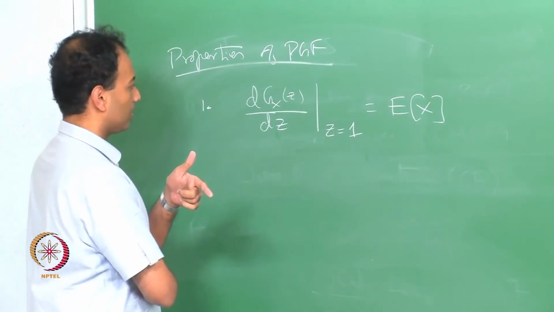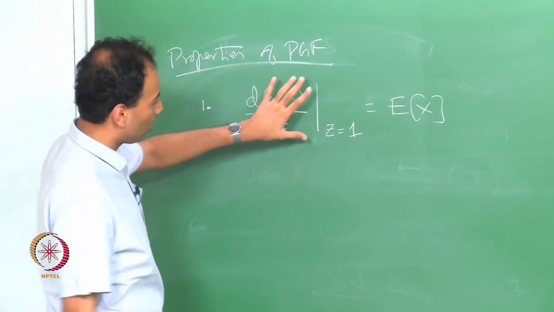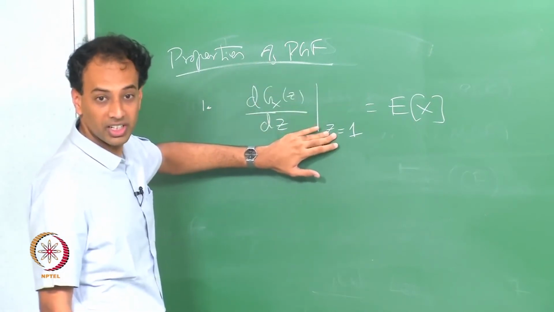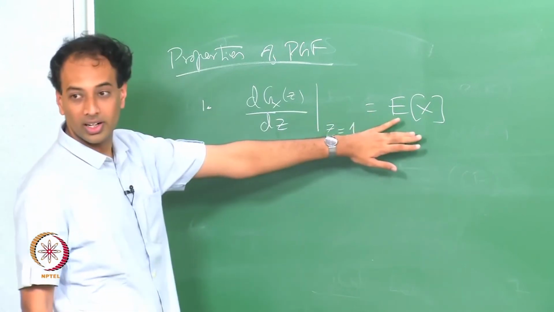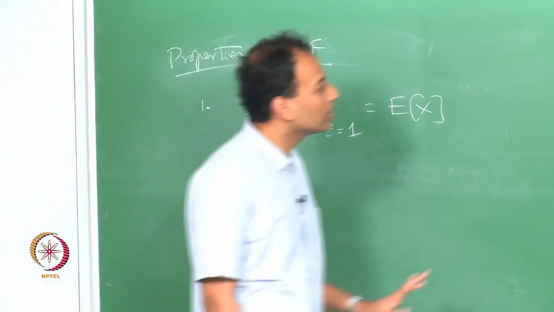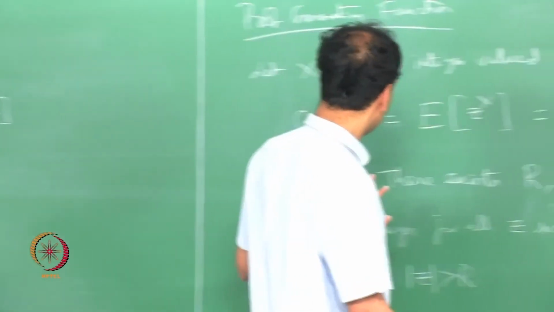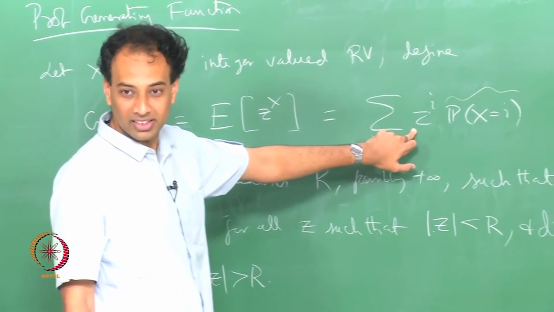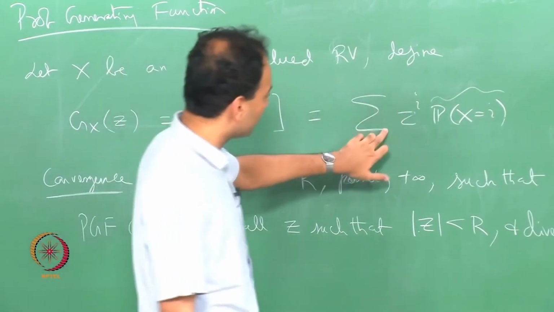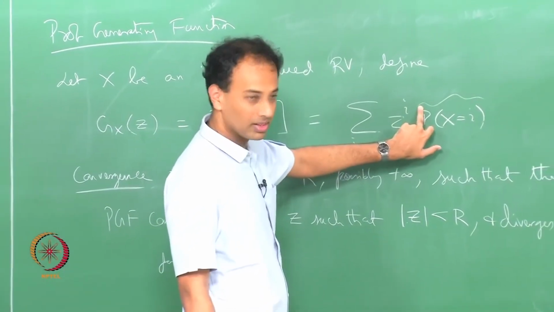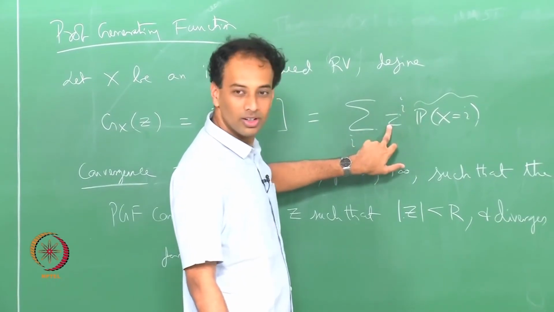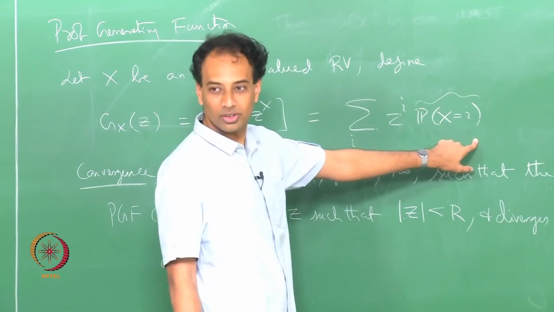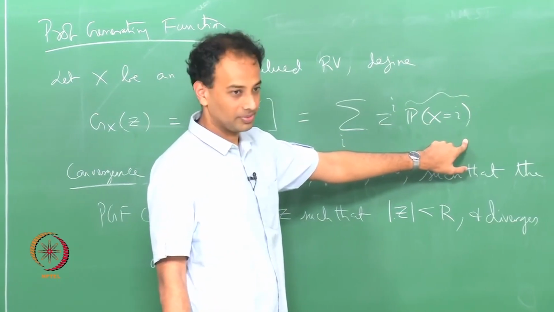So, in that case you will have an analytic function which you can differentiate and you can just set z equal to 1, right. So, the way of proving this is that you are differentiating this series essentially and you will get i z power i minus 1, and you are setting z equal to 1, and you get i times p x equal to i. So, which is the expectation, right.